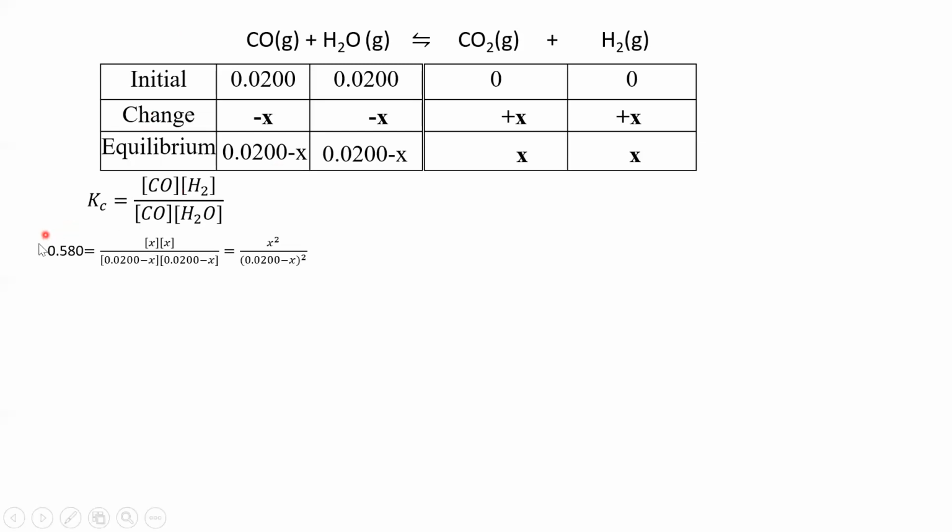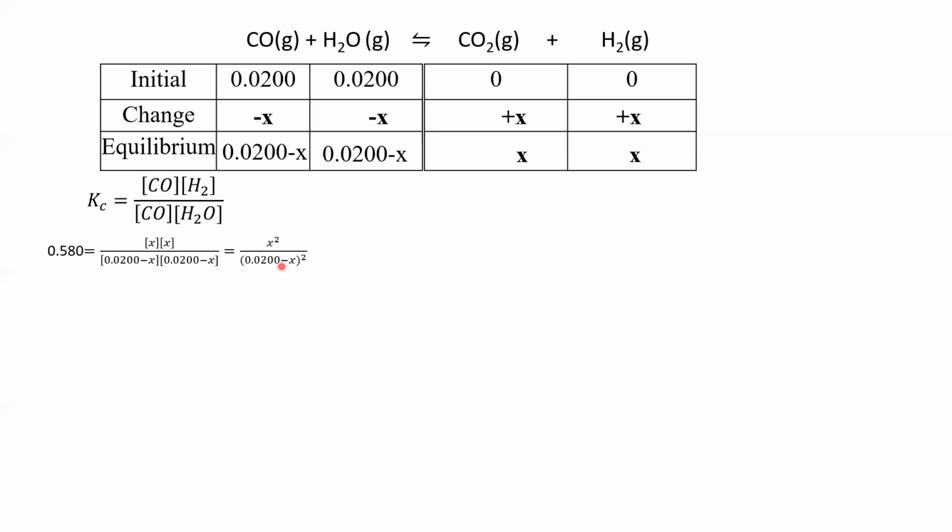This time we know K, so we'll plug in 0.580 for K. We don't know what carbon dioxide and hydrogen are, but we know they're equal to each other, so we're just going to say they're X times X. We don't know carbon monoxide or water, but we know they are both the same, 0.0200 minus X. So really, we could simplify this and say X squared over 0.0200 minus X, all squared.